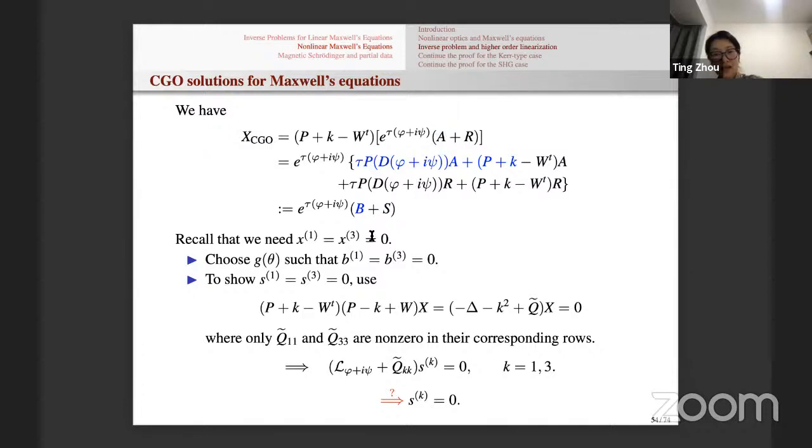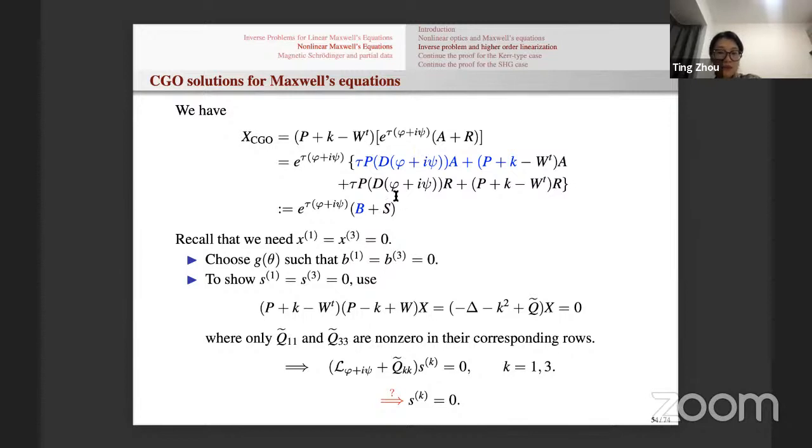And then you have to choose that carefully so that you have a new amplitude for your X. X is the solution for the first order elliptic system. And in order to get the first and third scalar potentials to be 0, you need to make sure that the amplitude for the 2 scalar potentials is 0.